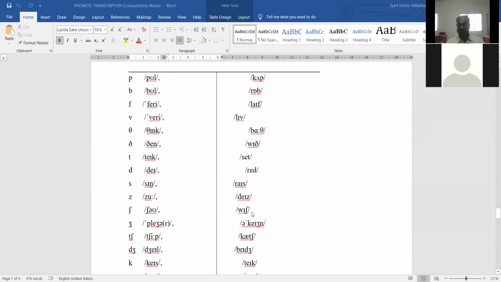Now this is somewhat difficult for us. We have to identify the word. What it is, per, sound per. Can you tell it? Pool. What it is? Ka, a, p. Cup. It is cup.